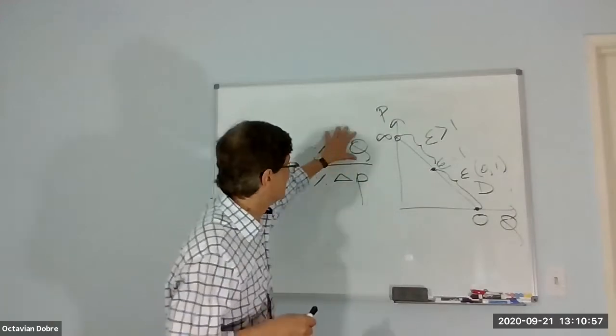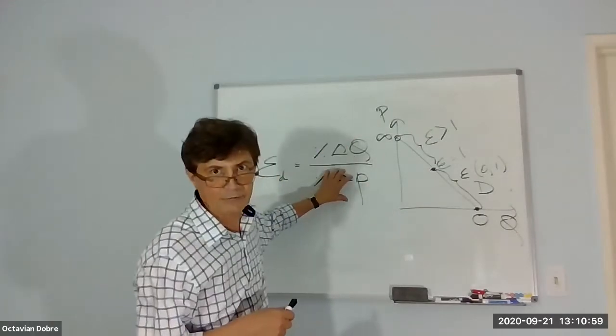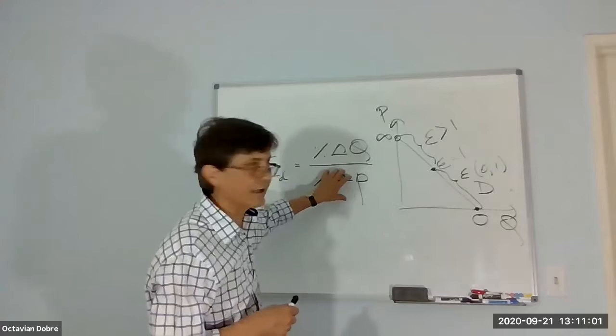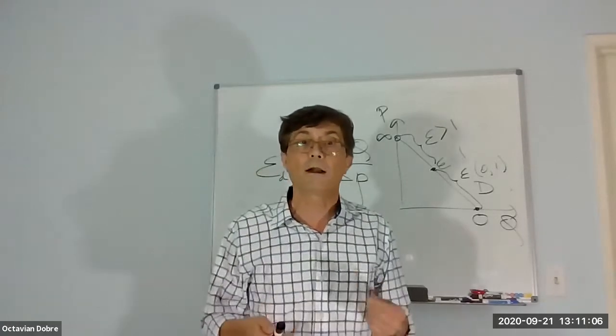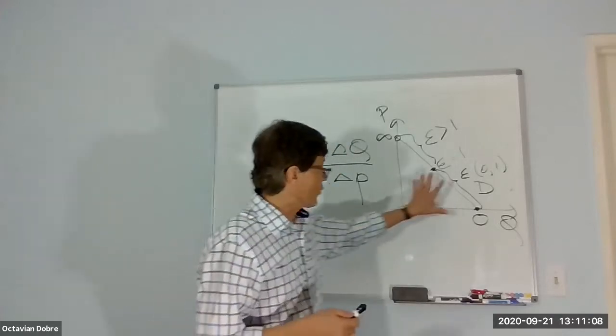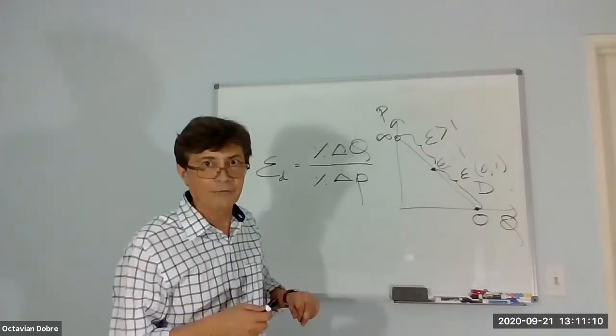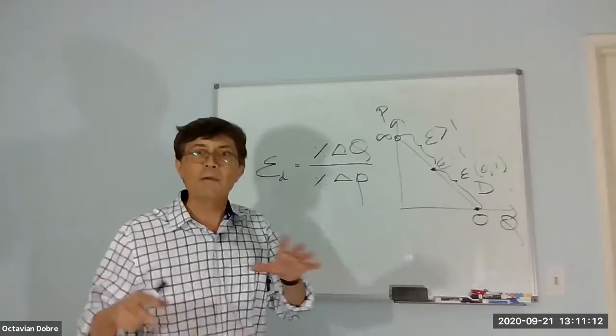In other words, this value has to be greater than this value, and then we're going to end up with a number that is greater than 1. If we are on this portion of the demand curve, the values will be less than 1.